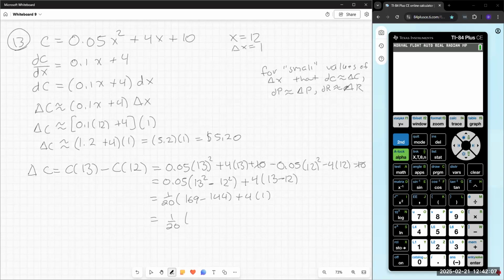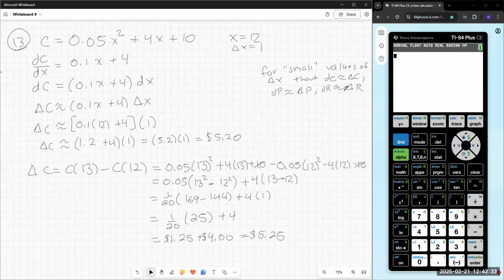And this is going to be 25 over 20 plus 4. So this is 1 1/4 plus 4, which is exactly 5 1/4.